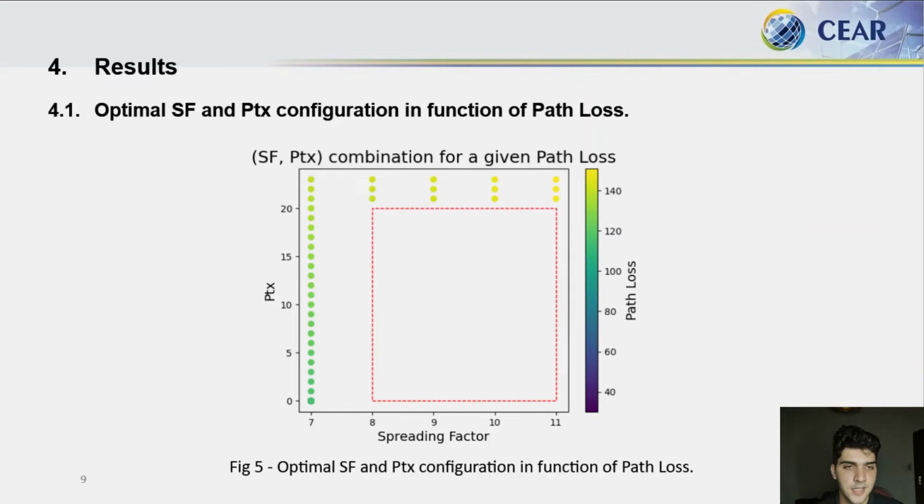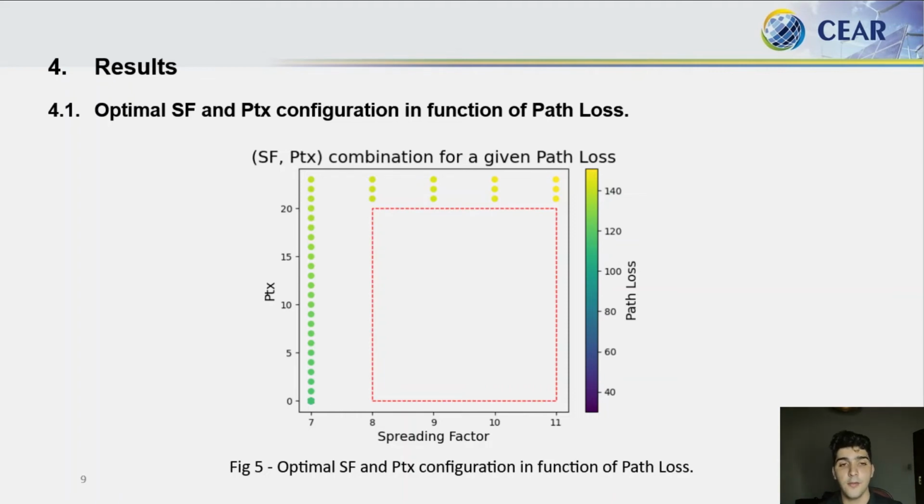As the main result of that algorithm execution, we were able to find the optimal configuration of the spreading factor, bandwidth, and transmission power for each integer PL between 30 dBm and 151 dBm for a LoRa payload with 3 bytes or more. In all the optimal combinations, the bandwidth remained at the value of 500 kHz.